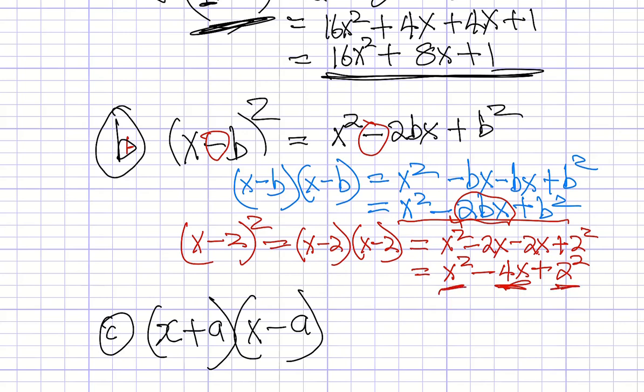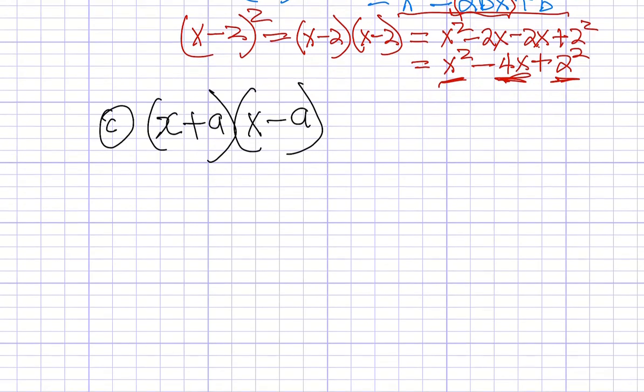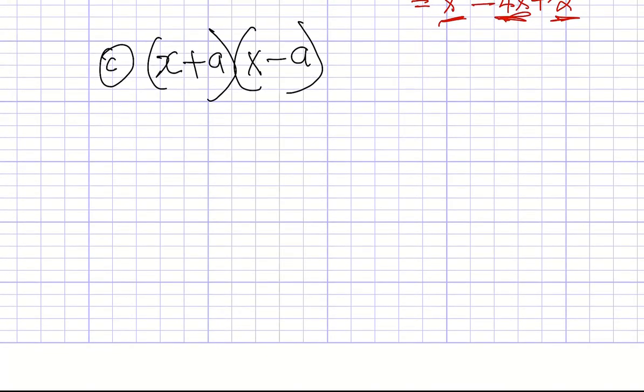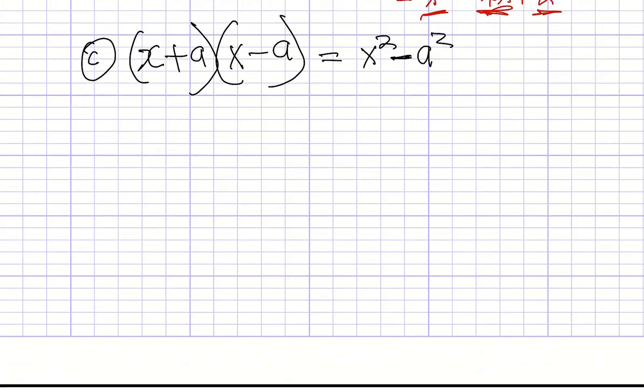All right. So let's go to the next one. The third one. You may see something in that form. That exactly means this is equal to x squared minus a squared. Well, you can't see it, but that's what it boils down to. Let's multiply it out.